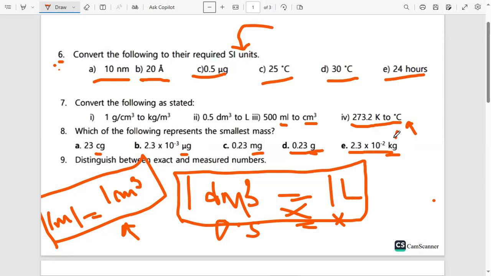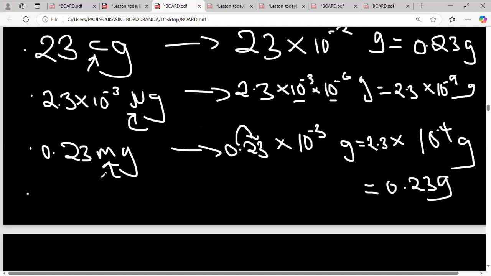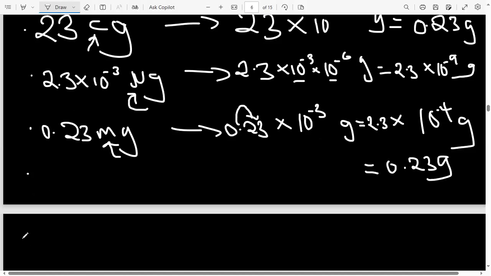So in this one, we have a kilo there. So what is a kilo? A kilo is 10 to the power 3. Okay, so let's replace that into the equation. So we have the last one. Okay, I'll write it here. For the last one, we have 2.3 multiplied by 10 to the power minus 2 kg. Okay, we want to change this to a gram.